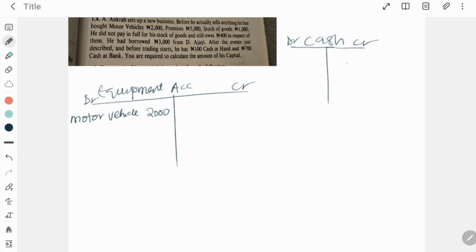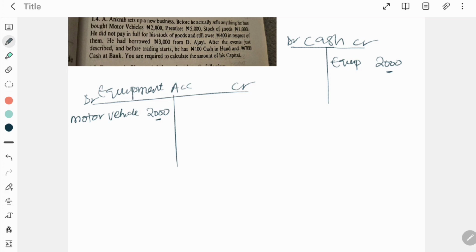So equipment, this is where we're going to find the information, 2,000 naira. You see, we have completed that principle of double entry, right? We debited 2,000 naira and we credited 2,000 naira. That principle has already been completed.